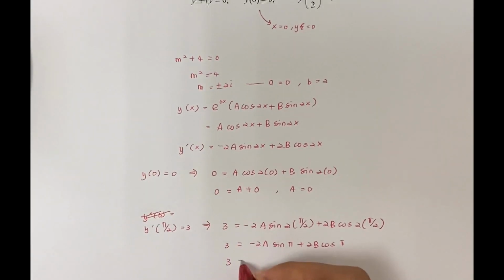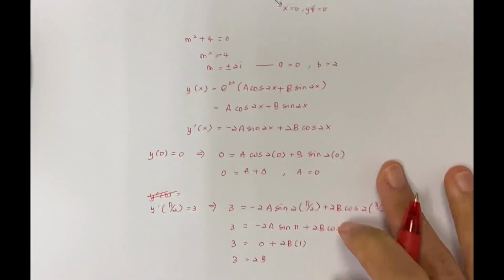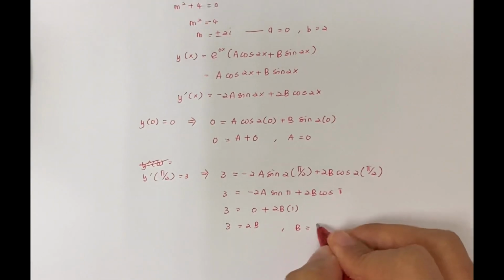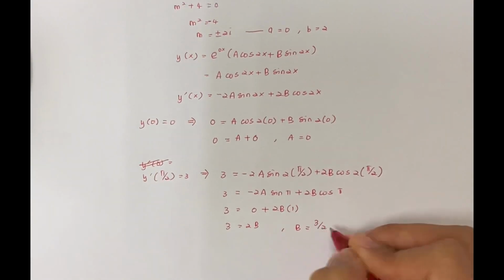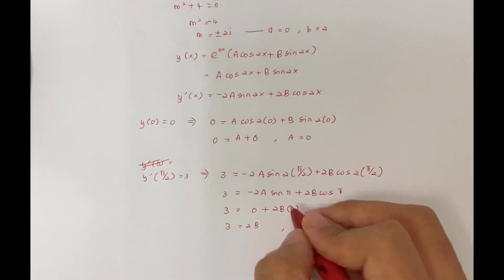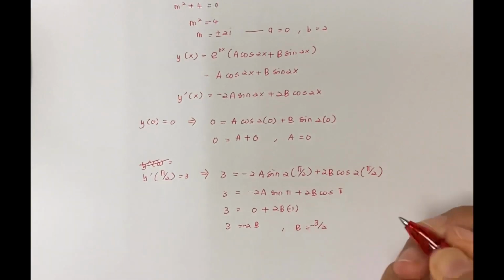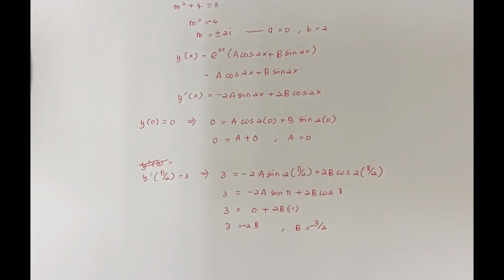So 3 is equal to, sin pi is equal to 0, plus 2b, cos pi is equal to 1. So you have 3 equal to 2b. So b is equal to 3 over 2. Sorry, cos pi is negative 1. So 3 equals negative 2b, so b is equal to negative 3 over 2.